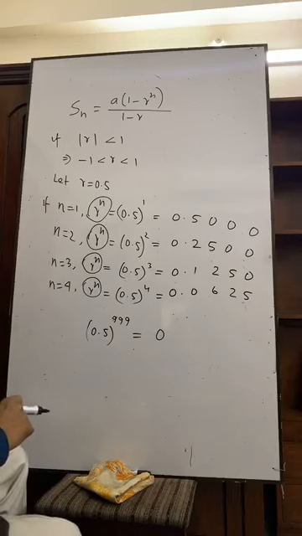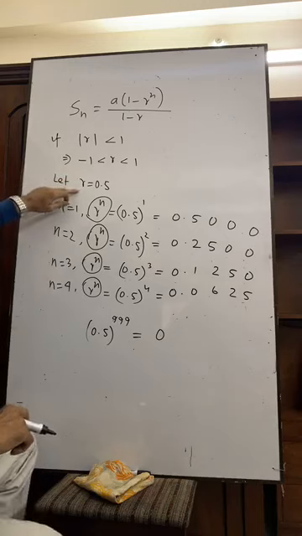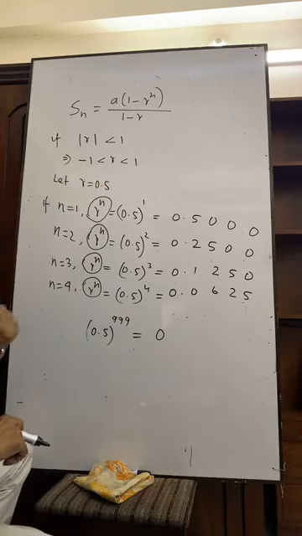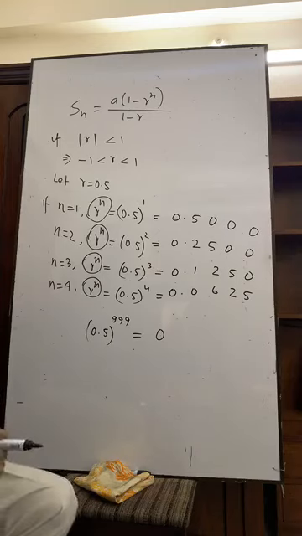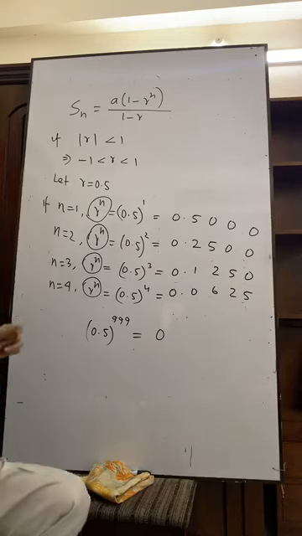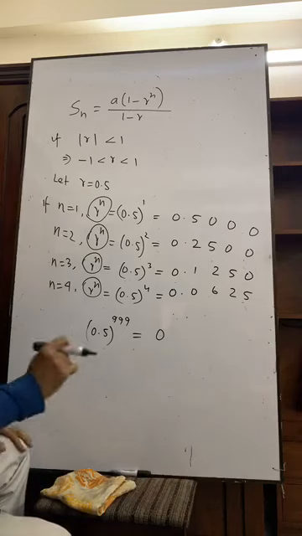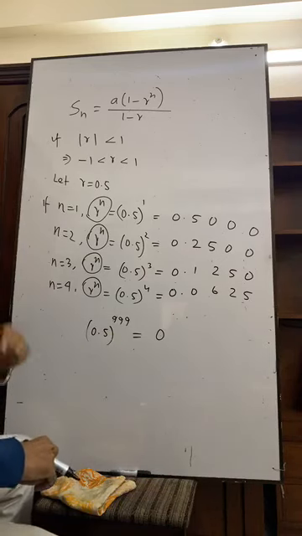That means if r lies between -1 and 1 and the power n is sufficiently large, then r to the power n tends to be 0. Actually, mathematically it is never 0. There will definitely be something left.